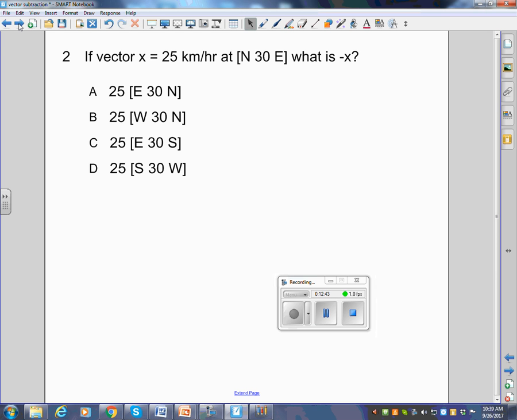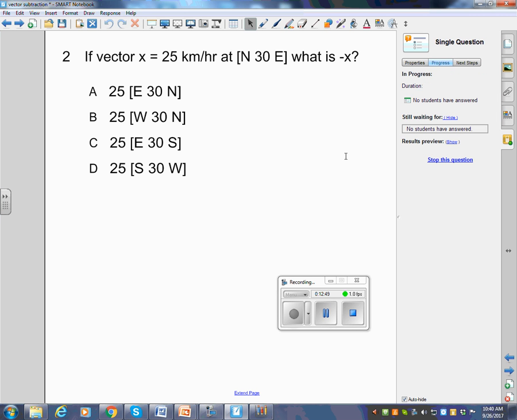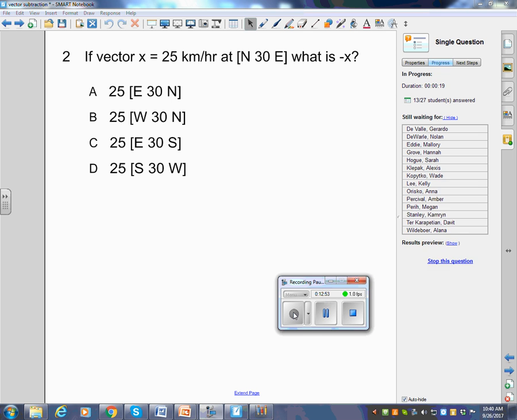Okay, what about this one? If vector x is 25 kilometers an hour at north 30 east, what is negative x? We got north 30 east. What's the opposite?